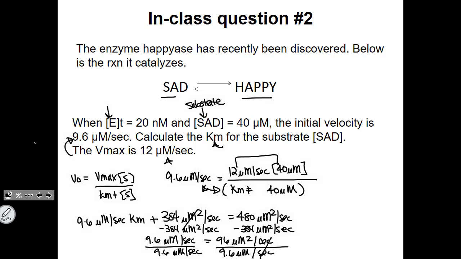Your per seconds will cancel out, and one of your micromole will cancel out, and you're left with 10 micromolar for your Km. Remember, Km is the concentration of substrate at half the Vmax.